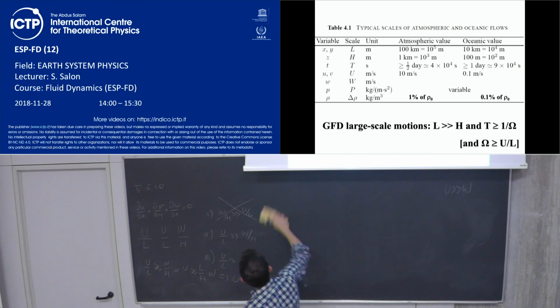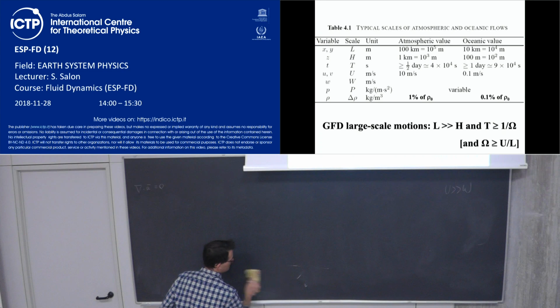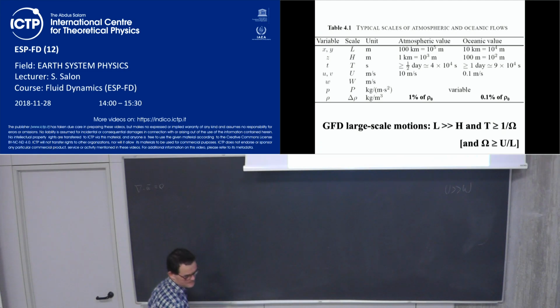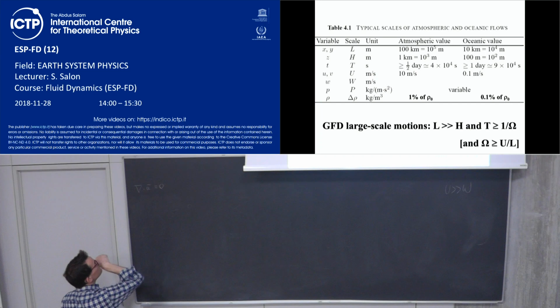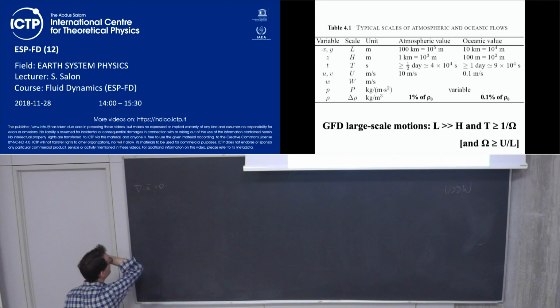Okay? So let's look now at the equation of momentum. Again, let's start with the x momentum equation. Up to now we always considered the total derivative of the velocity. Now it's time to expand and to consider the local time derivative and the advection term.